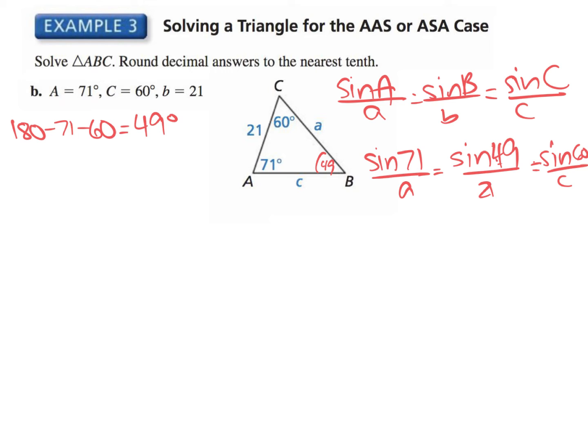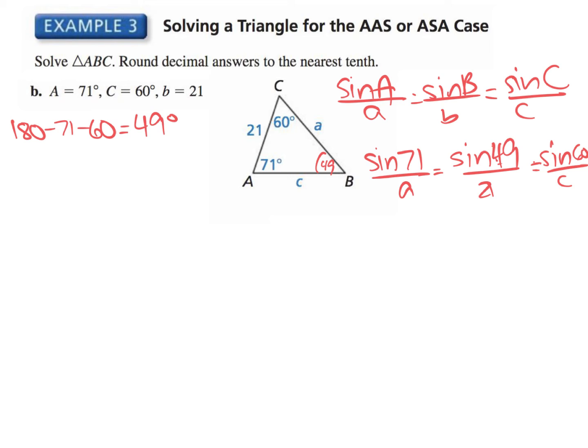So now we can see that sine 49 over 21 is our fully complete piece, and so we can work with this first, and then we can work with that one second. So let's just go ahead and find A. Let me rewrite it so it stays a little cleaner and separated.